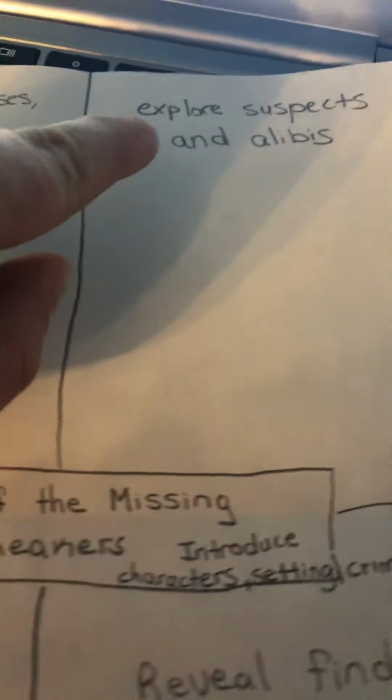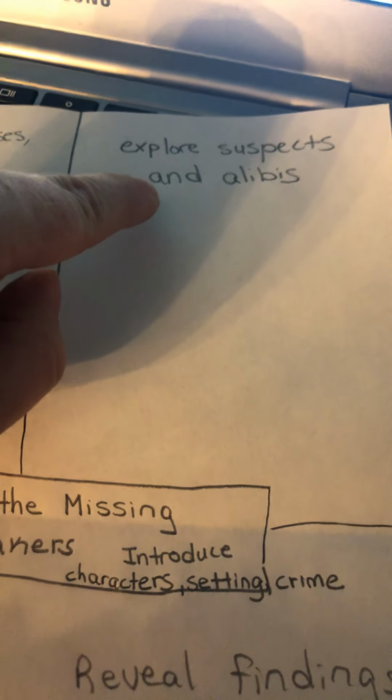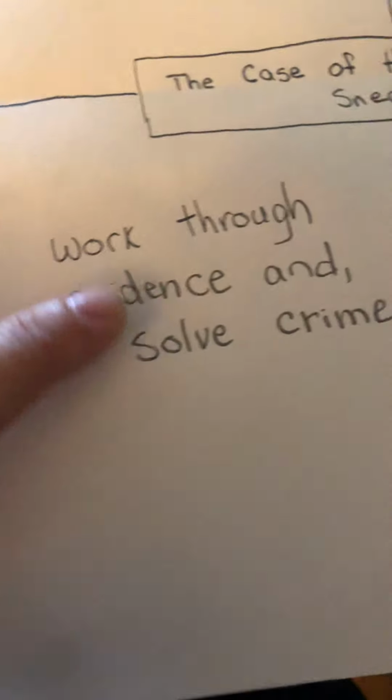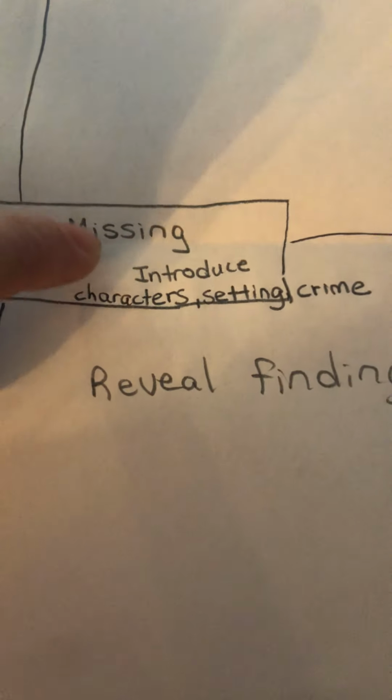The other things we'll be adding are the suspects and their alibis, like where were they? How do we know they didn't do it? We'll go through all the evidence and solve it and reveal our findings at the end. But today we're just going to get a start, introduce our characters, set up the crime, and then we might go through some evidence, witnesses, and suspects.